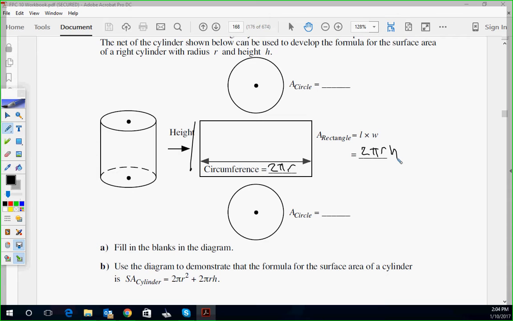Otherwise, your surface area is also the wraparound plus the two circles. So you have three pieces: one circle, two circles, and the wraparound. Pi r squared, pi r squared. And that's why right here is the formula: two circles plus the wraparound, 2 pi r squared plus 2 pi r h.